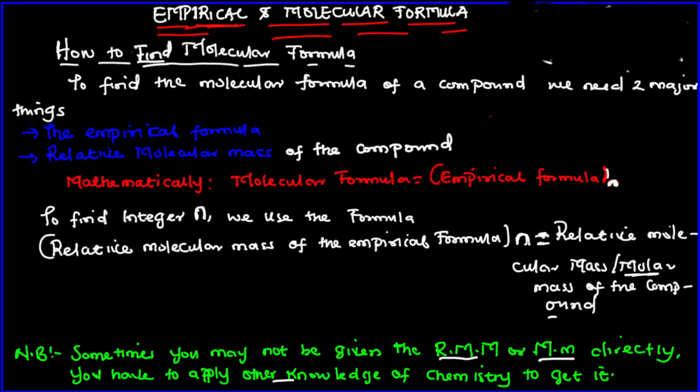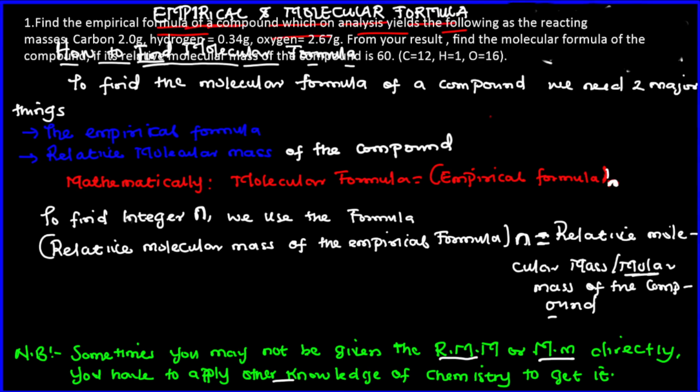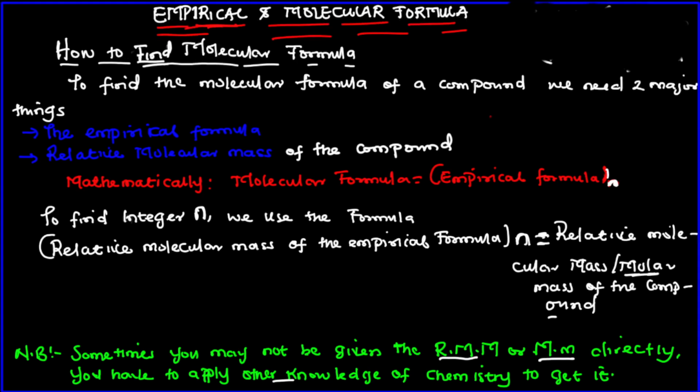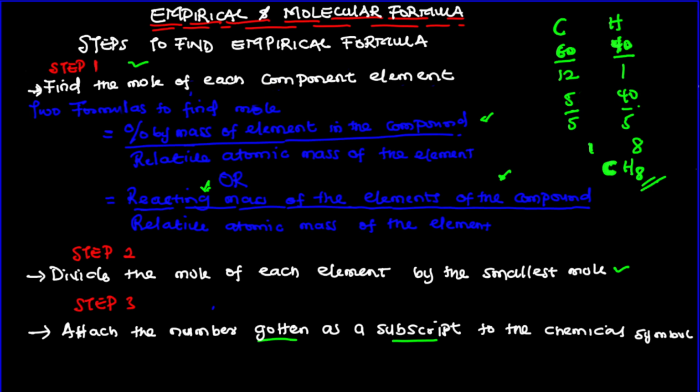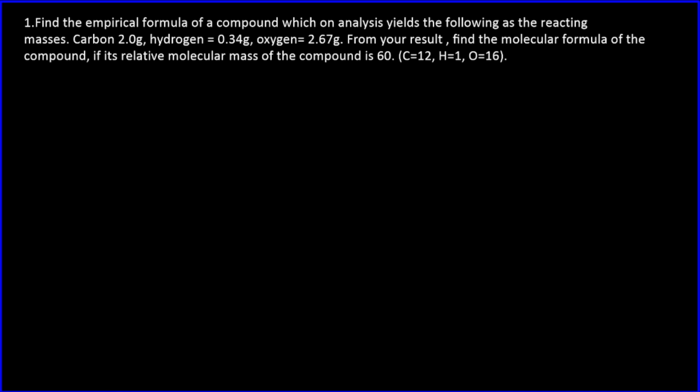And sometimes you may not be given the percentage by mass of element or the reacting mass. You have to look for it. This is why you need to solve as many questions as possible, so that when you are given questions on different angles, you can solve it. So let's move to the questions proper. So I think this is our first question.